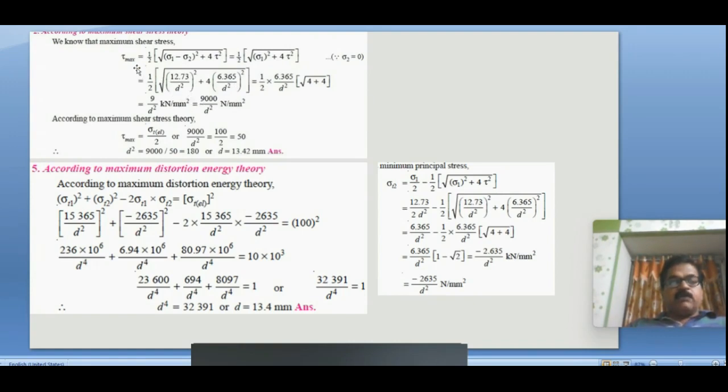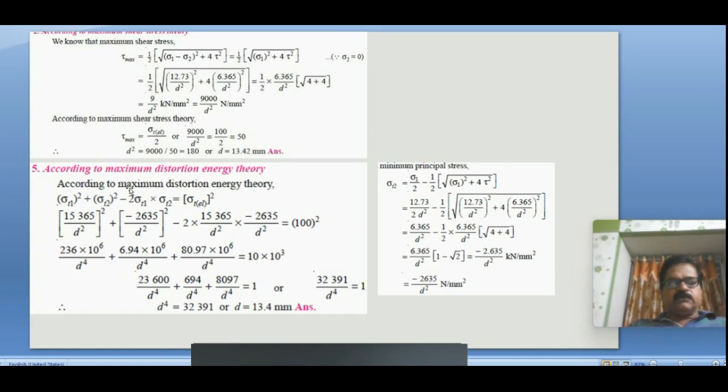Tau max should be taken as half of sigma t1. So sigma t1 is given as 100, then tau max should be 50. This maximum shear stress should be equated to 50, and the value of the diameter can be found out, and it is 13.42. So according to maximum shear stress theory, the diameter is 13.42.